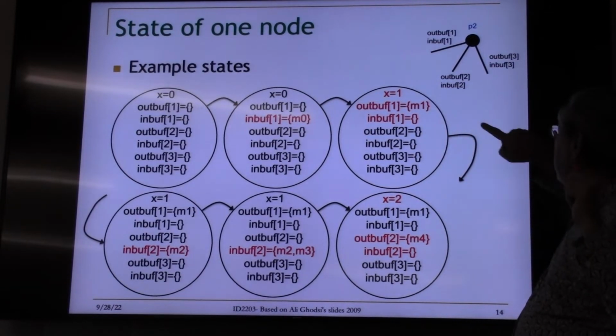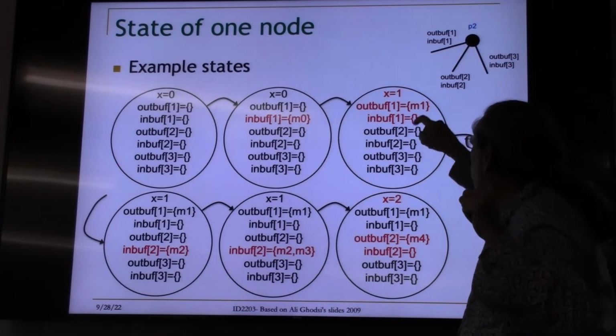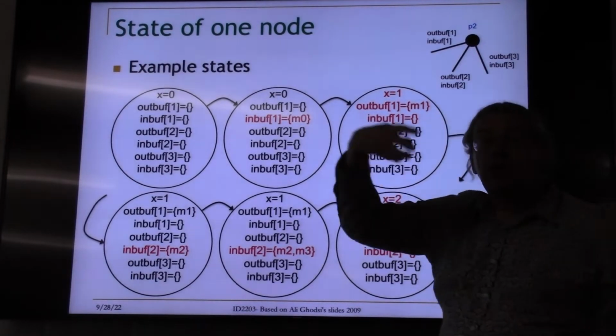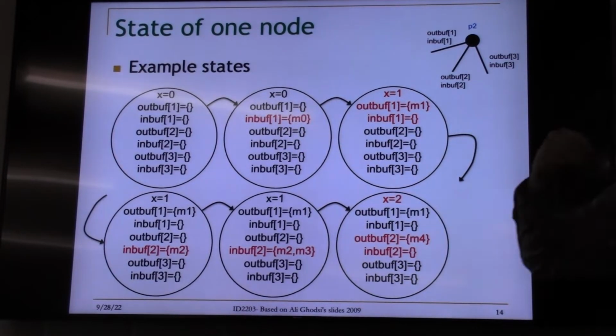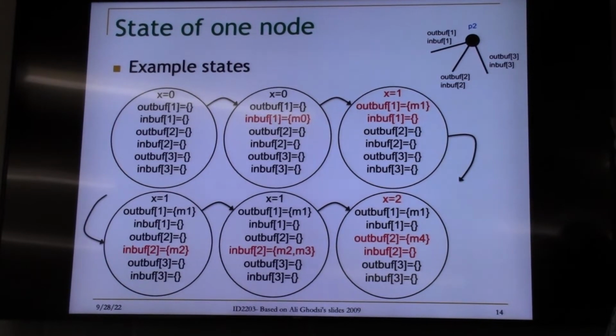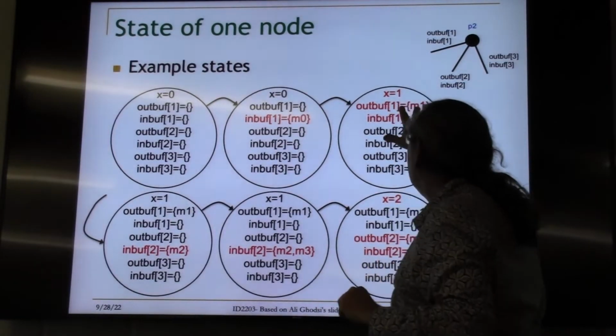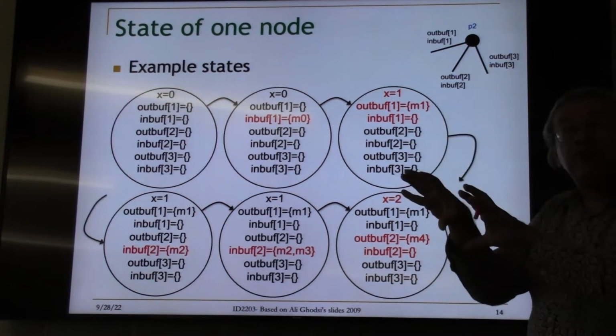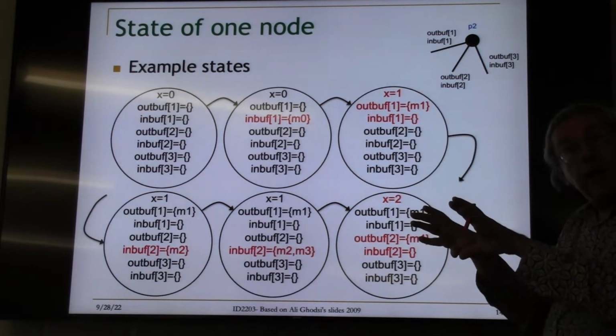So we can model failure by saying that M1 disappears, but it does not appear anywhere else. So we add a transition where the M1 just disappears. Okay, but we will see the failures in another lecture where there's a failure detector telling us when something happens.